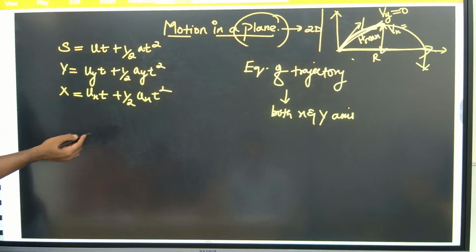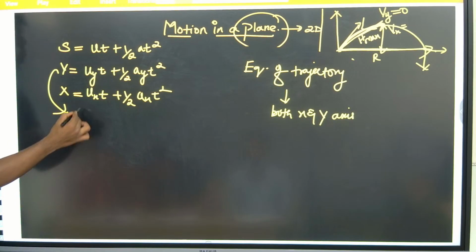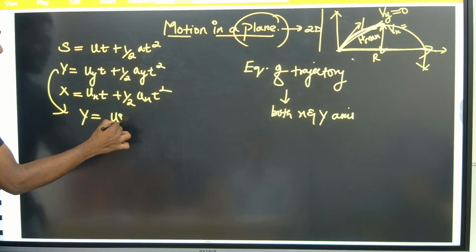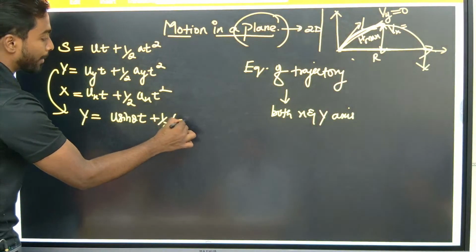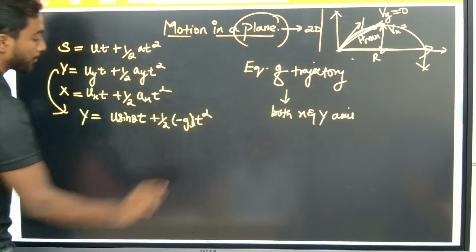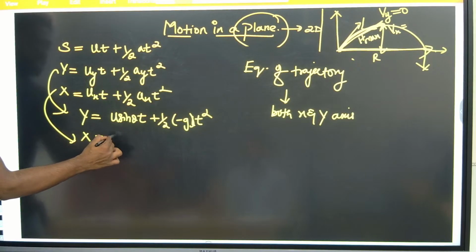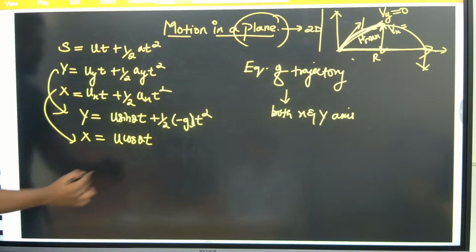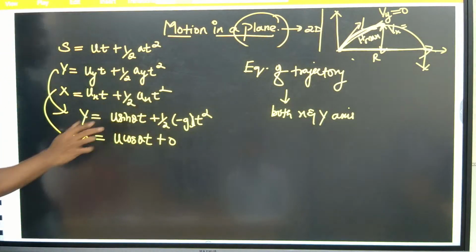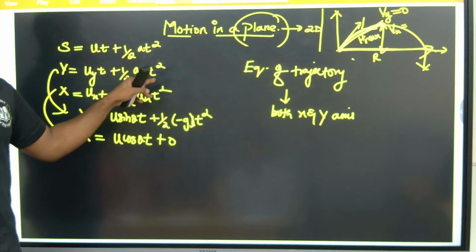First one, y will be equals to u sin theta t plus 1 by 2 into minus g into t square. For the second one, x is equals to u cos theta t plus 0. Total value will become 0 because ax is 0, so multiplied by anything will become 0.